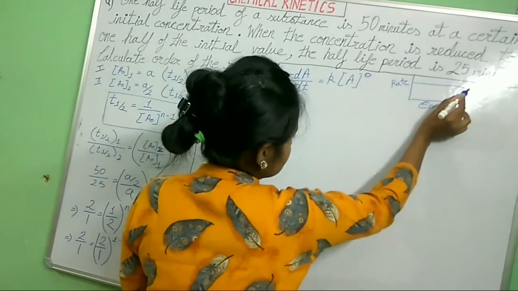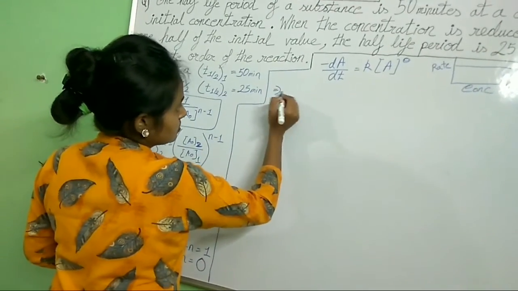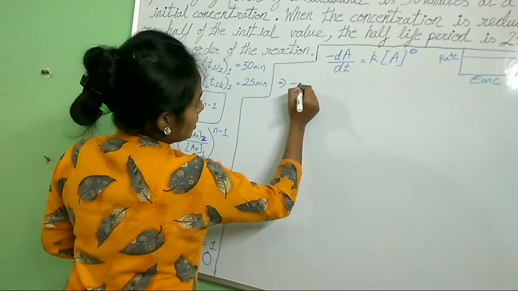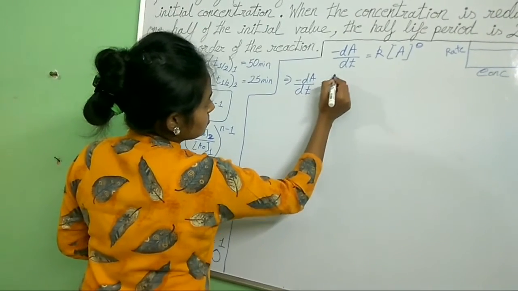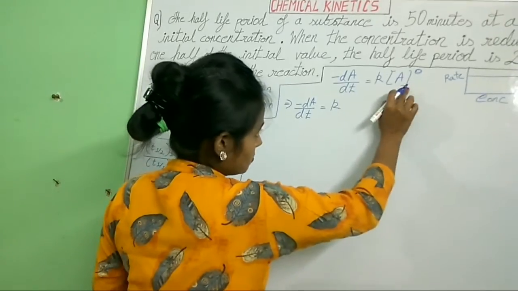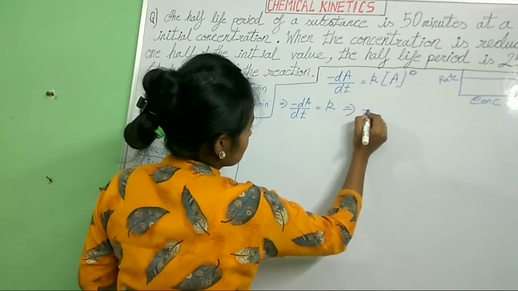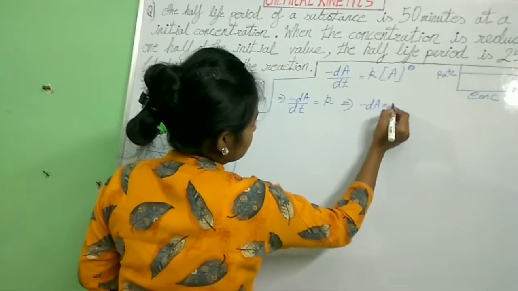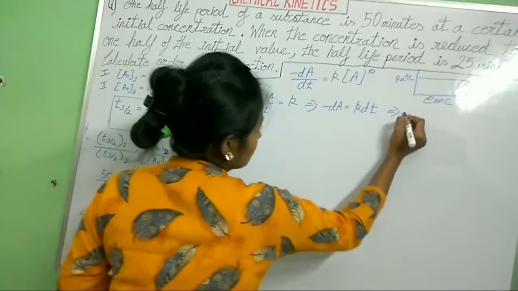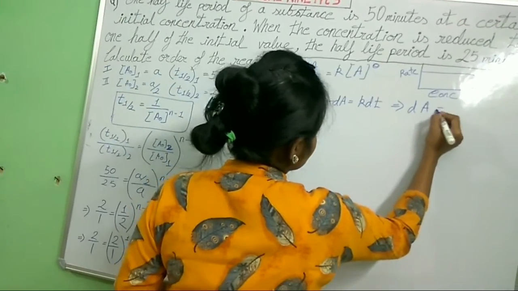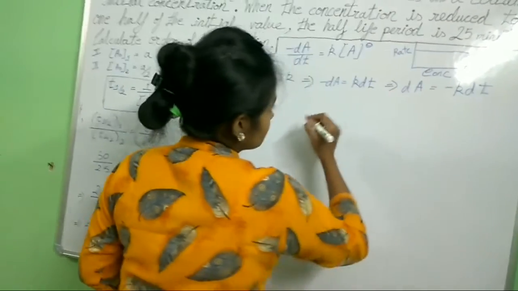Rate and concentration, straight line graph. Now we can write this equation in another way also, that is minus dA by dt is equal to K, because this is to the power of 0. Okay, so we can also write it as minus dA equal to K dt, right, or dA equal to minus K dt.